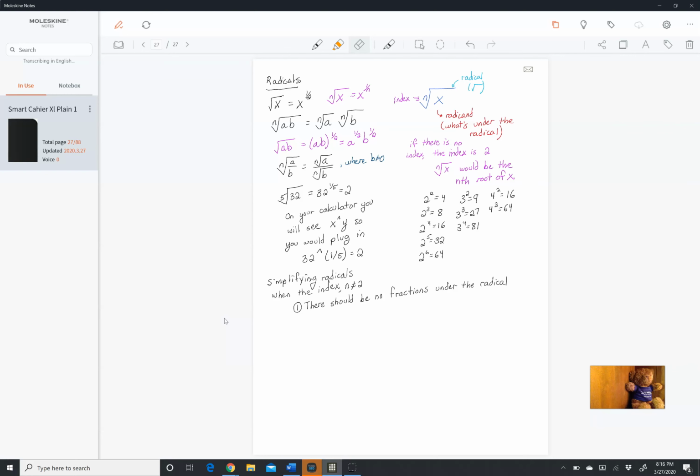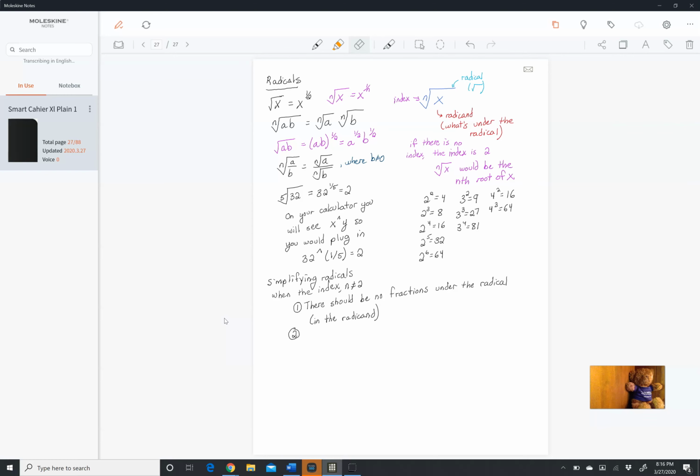When we say under the radical, that's the same thing as saying in the radicand. Remember, the radicand is what's under the radical. There's no particular order to this; we could do this in any order. When we were simplifying exponents, we really cared about the order. Here, it probably doesn't matter that much.